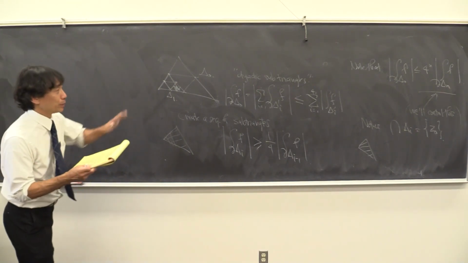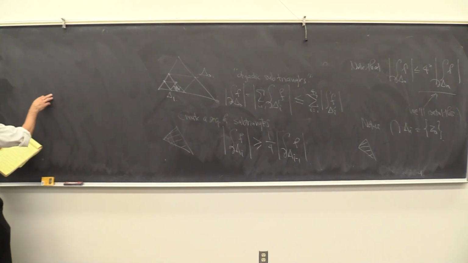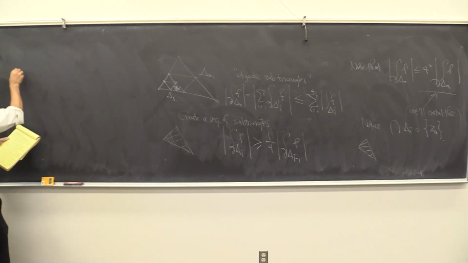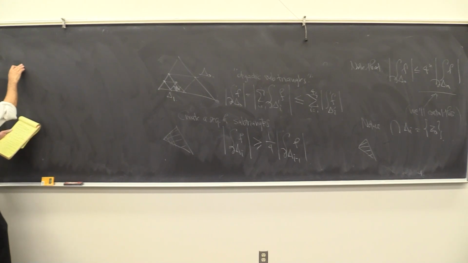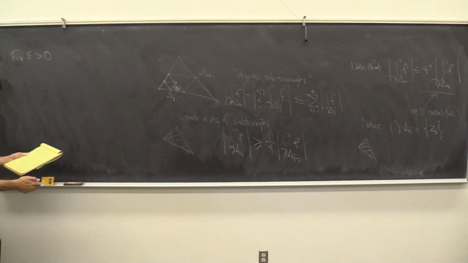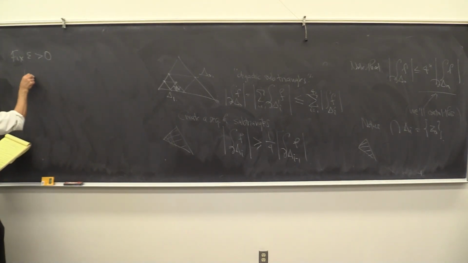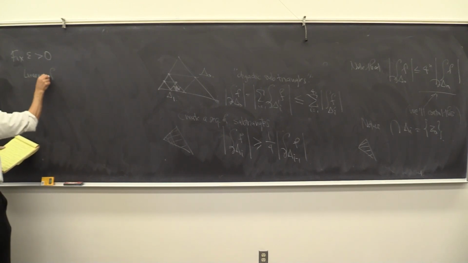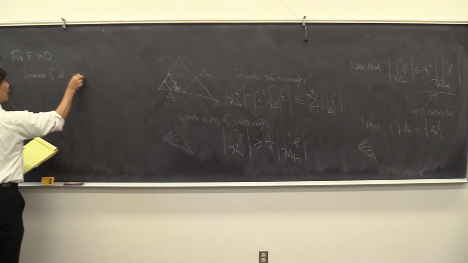We want to get control over the thing on the right, and the trick is to do a linearization. Let me keep an epsilon in mind here, and we're going to linearize f at z0.